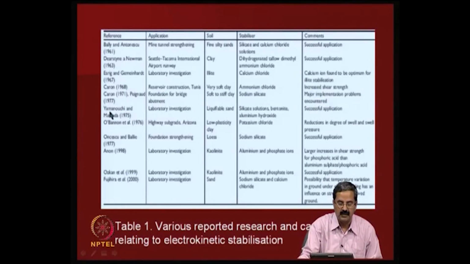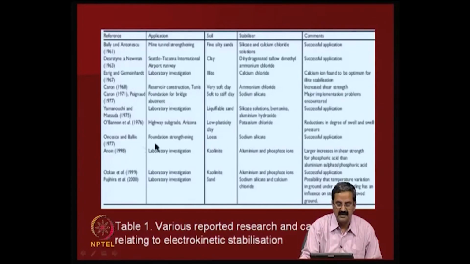Then Yamaguchi and Matsuda in 1975 had laboratory studies on liquefiable sand, using silicate solutions, bentonite and aluminum hydroxide, and the application was successful. Then Bannon in 1976, a highways upgrade in Arizona, US, low plasticity clay, potassium chloride. There were reductions in the degree of swell and swell pressure.